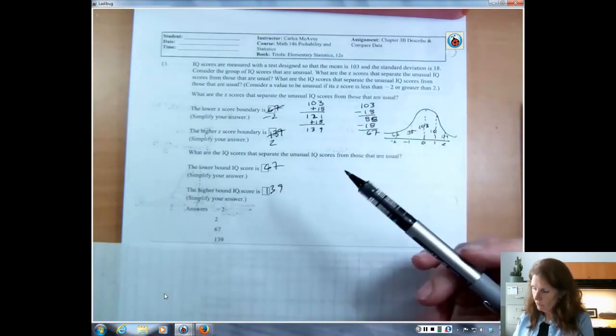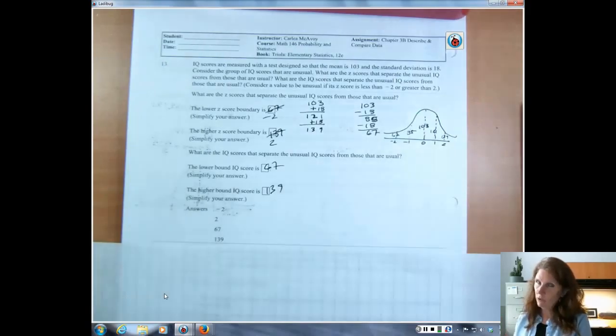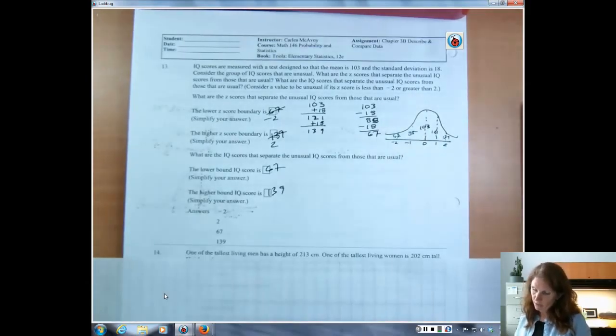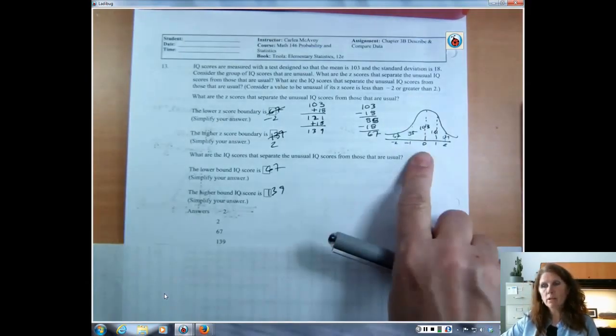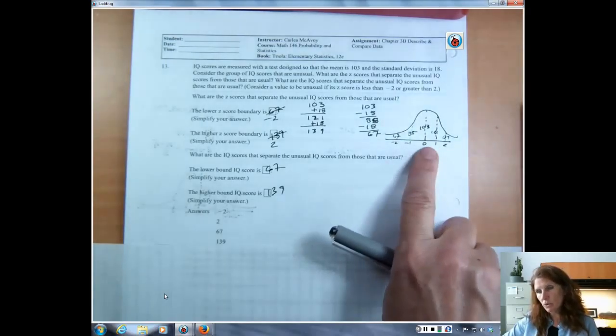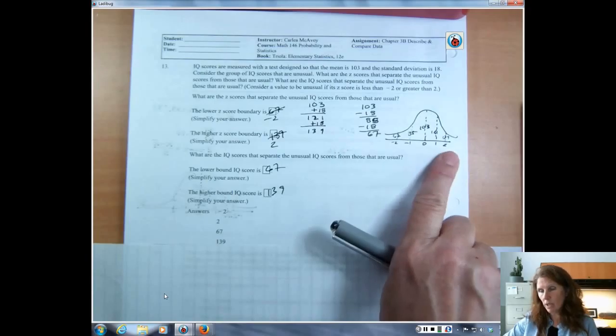It's a weird question to me, but anyways, because I saw those, I didn't think they wanted those, but I could have read the whole thing and known. Anyways, add 1 to get 1 standard deviation or 1 z-score up, add 2 standard deviations to get 2 z-scores up, and so forth.